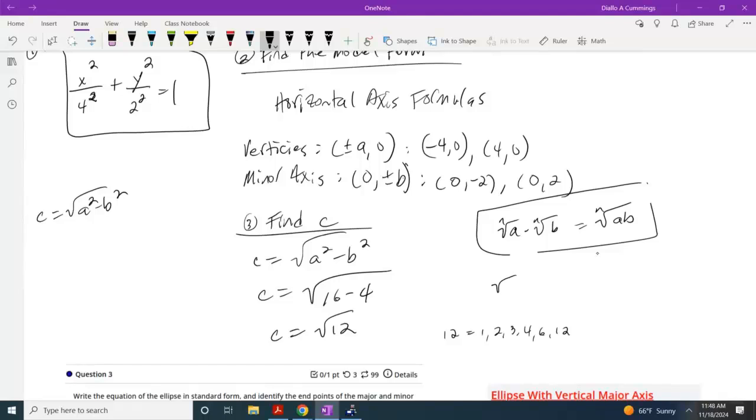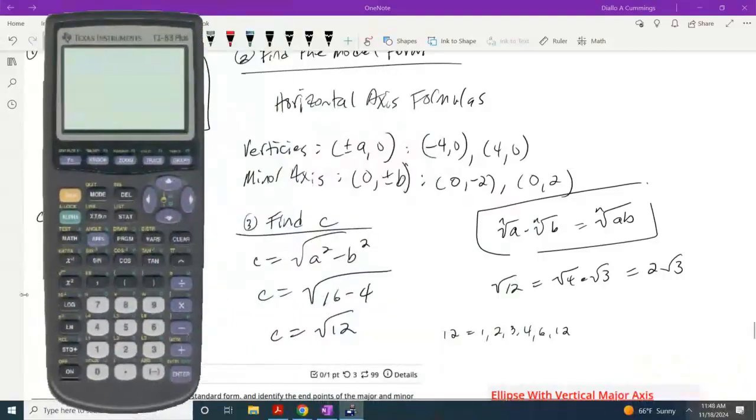So that means I can rewrite the square root of 12 as the square root of 4 times the square root of 3. The square root of 4 is exactly 2, so you can rewrite the square root of 12 as 2 times the square root of 3. Just to show on the calculator that these two numbers are exactly the same, they're just written in a different form.